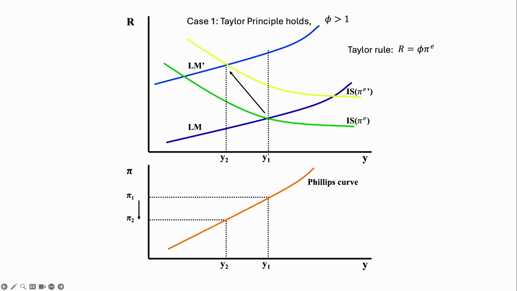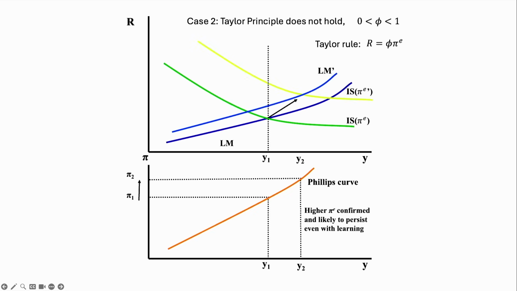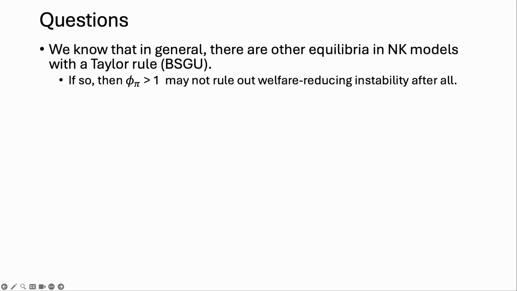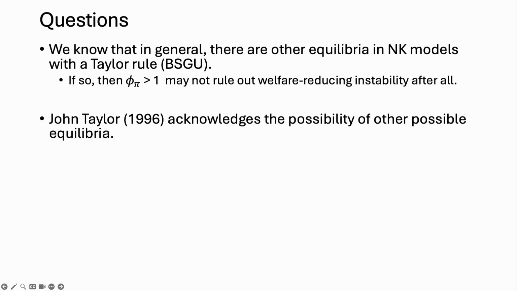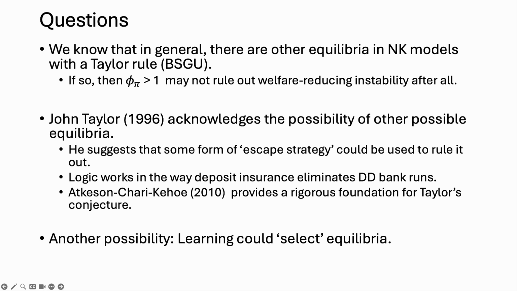It stabilizes the economy. You can see that the economy is unstable because it went from Y1 to Y2. Okay, so I'm told I have to stop, so I'm going to just go to the conclusion here. So that's the normative argument. So I'm way behind here.